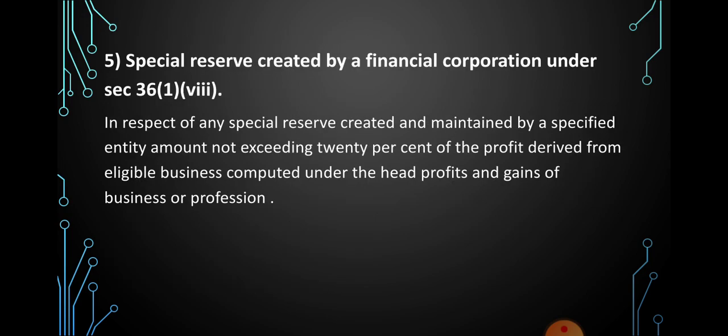Fifth one, special reserve created by a financial corporation under Section 36(1)(viii), in respect of any special reserve created and maintained by a specified entity, an amount not exceeding 20% of the profit derived from eligible business computed under the head profits and gains of business or profession.